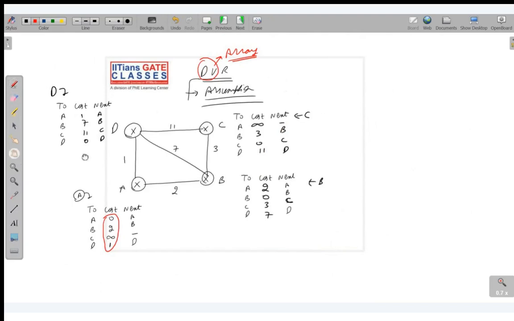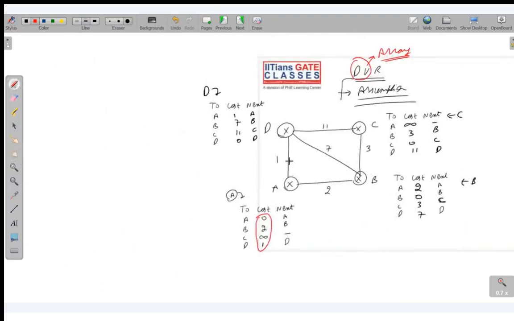D will receive distance vector from A, B, and C. From A, what will it receive? 0, 2, infinity, 1. From B, what will it receive? 2, 0, 3, 7.